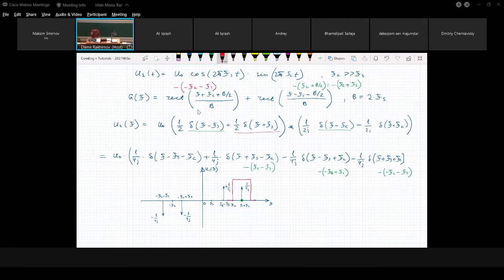Then we have to place the second rectangular function there. And now you see that after we pass our signal through this filter, what will remain? What we have is the output of this filter.